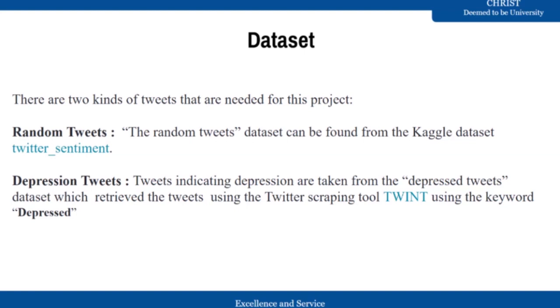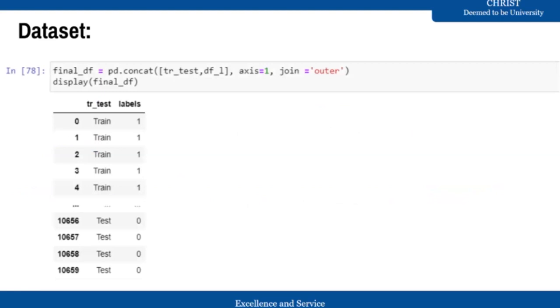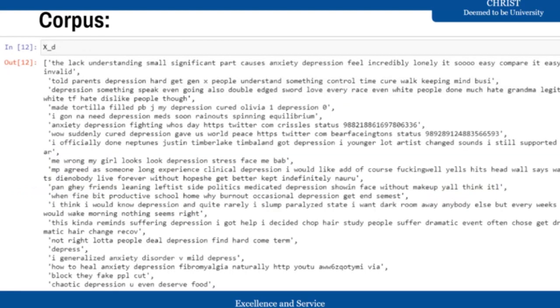They scraped it from Twitter using Twint, with the keyword depression, so we know that all the tweets in this dataset are depressed. We made sure that both kinds of tweets were included and that the dataset is balanced. This is the corpus that we got after pre-processing.